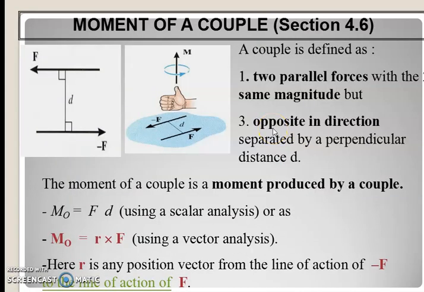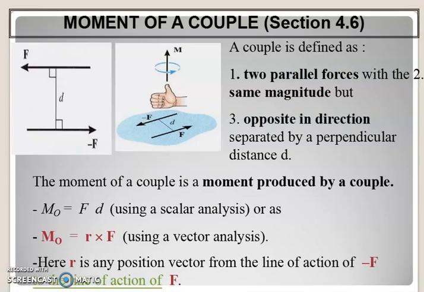So first let's define what is a couple moment. Okay, the couple is defined as two parallel forces with the same magnitude but opposite in direction, separated by a perpendicular distance d.